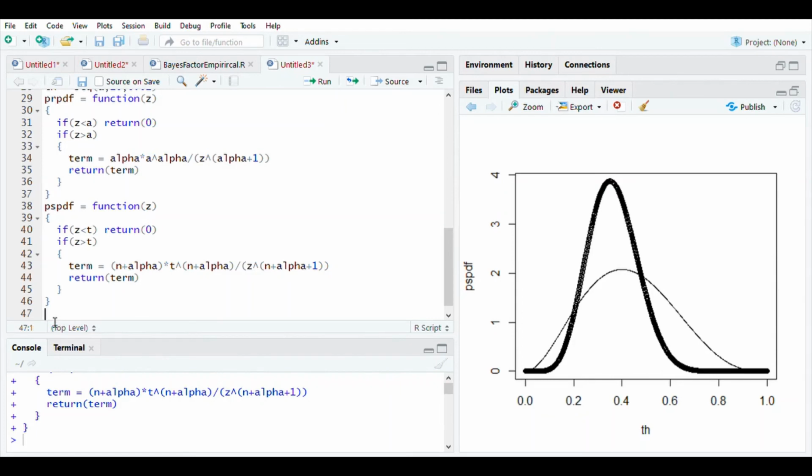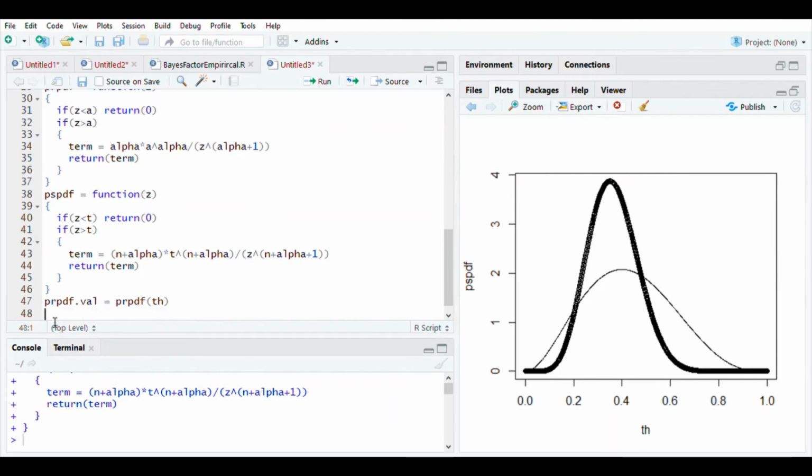Now let us calculate prior PDF values and posterior PDF values separately. So it will be PR PDF dot val, the prior PDF at point th. Similarly, PS PDF dot val will be the posterior PDF at th. Let us see whether it works or not.